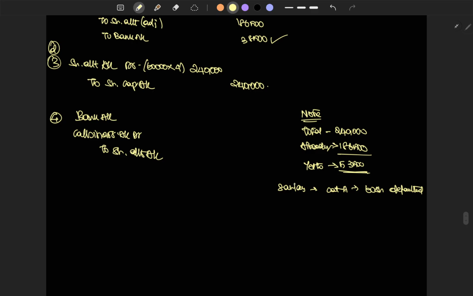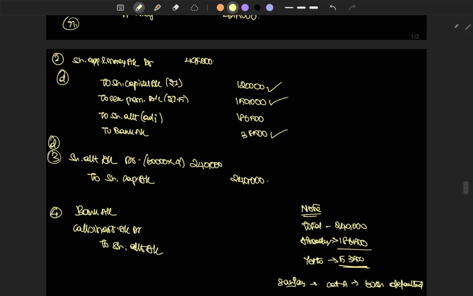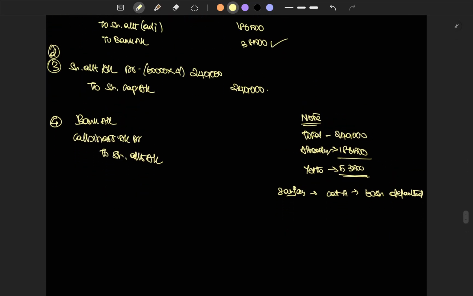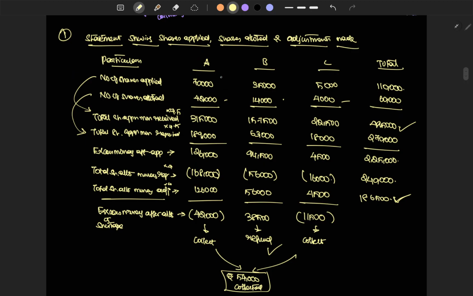But Sanjay has paid the application money also, and excess money also. How much has he paid in excess? Let's calculate that. Let's take this A, Sanjay, applied for 100 shares, but he got only 60 shares. 100 into 4.5, 450 he paid.